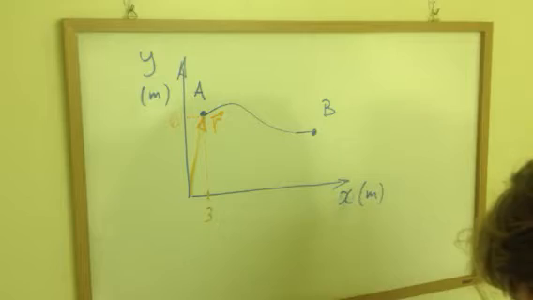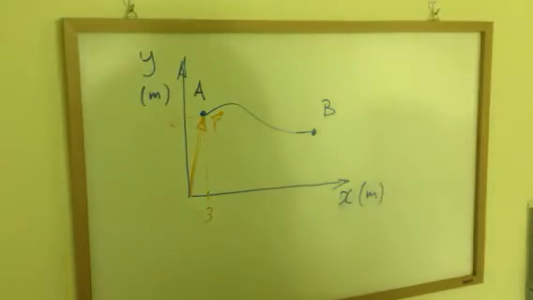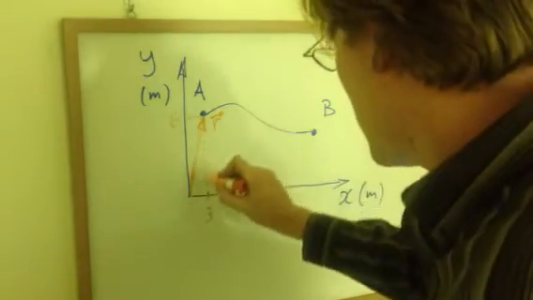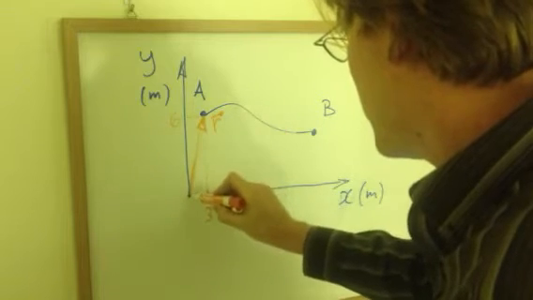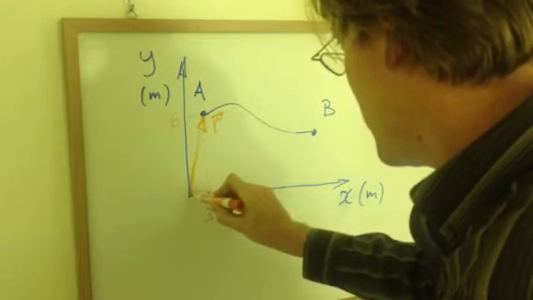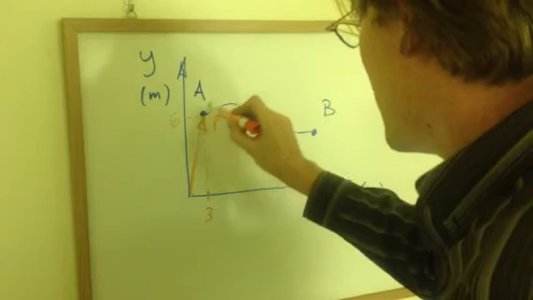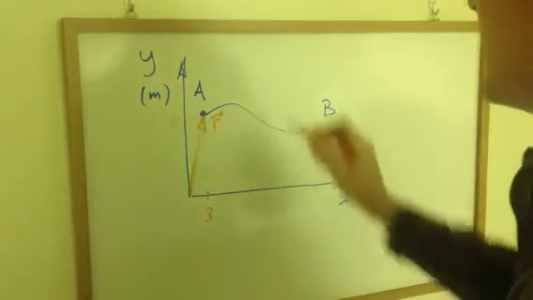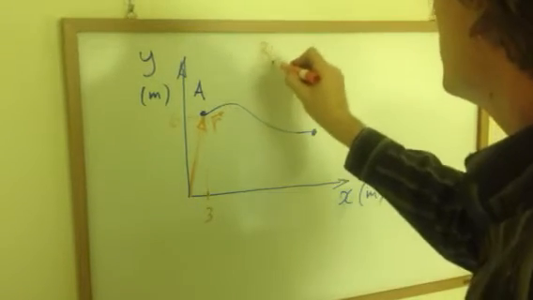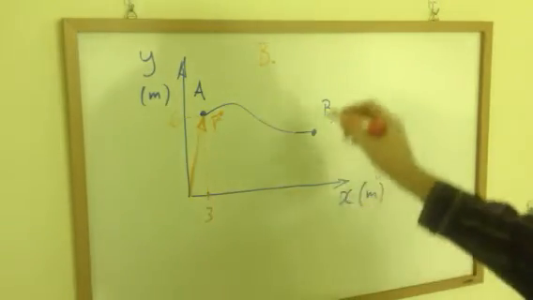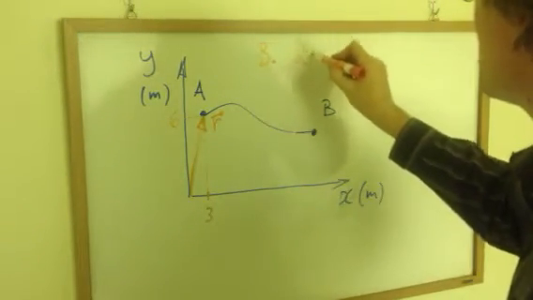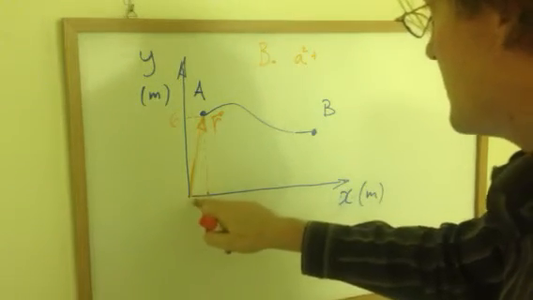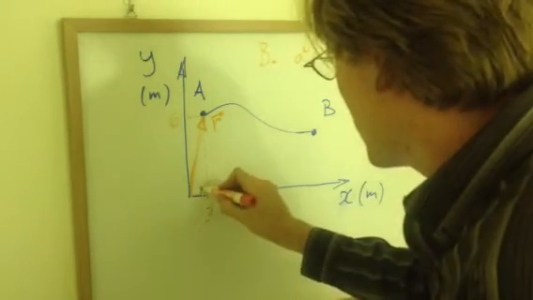For part B, what's the magnitude of the position vector? Well, this is the position vector from the origin to the position of point A in this coordinate system. So for part B, the magnitude you can find using Pythagoras, because this is a right triangle.